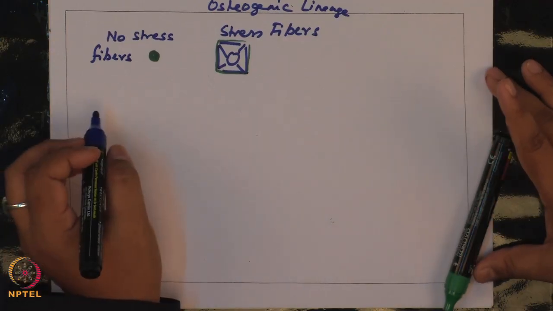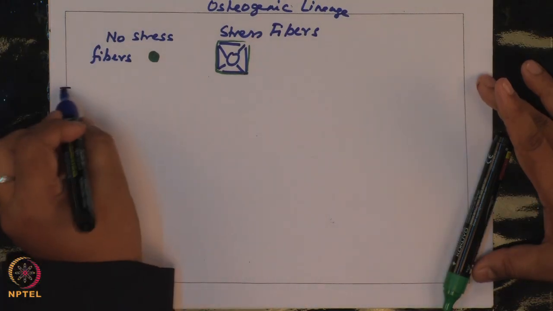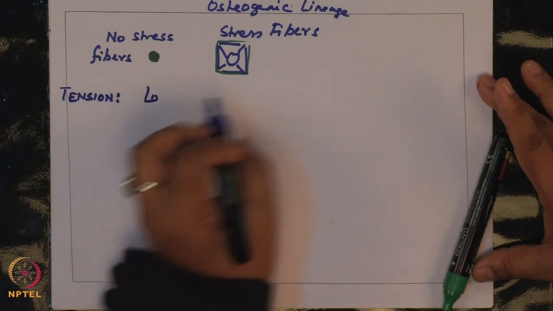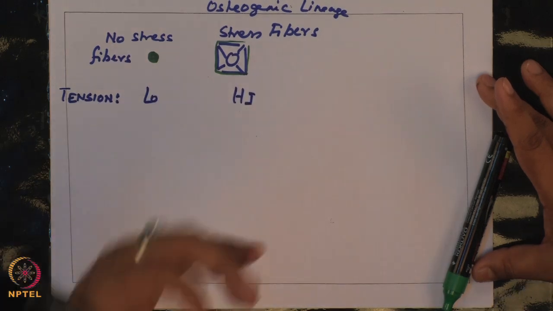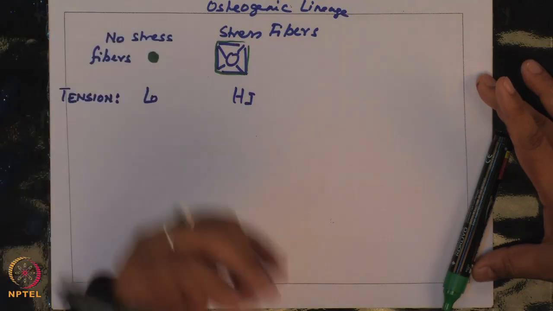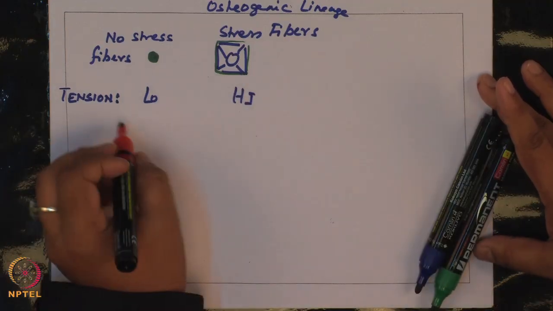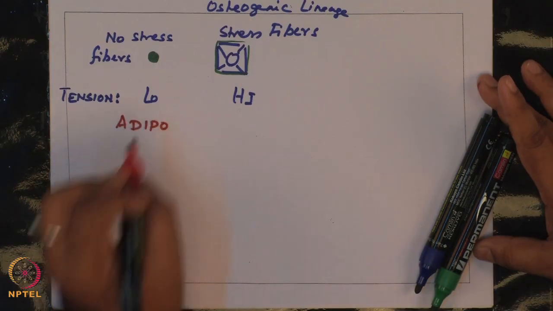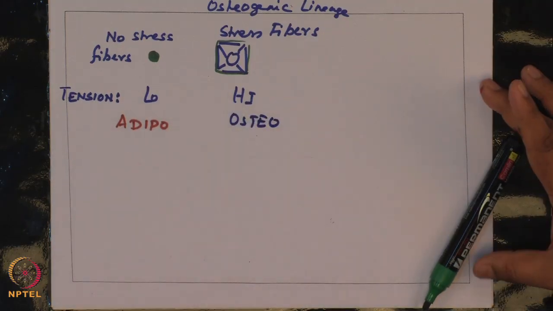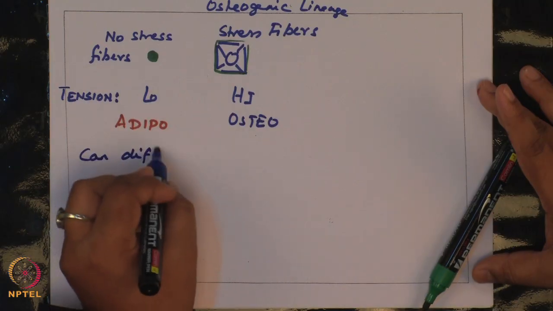So, again going back to the analogy of the cell as a tent, a greater amount of stress fibers means, if I were to draw the level of cytoskeletal tension, this is low, this is high. So, again you have this correlation between tension and lineage differentiation. When tension is low you have adipogenic differentiation, when tension is high you have osteogenic differentiation.